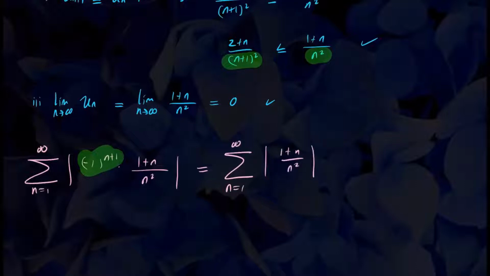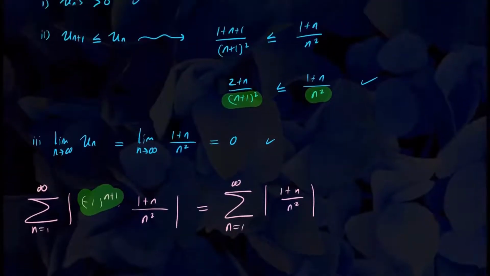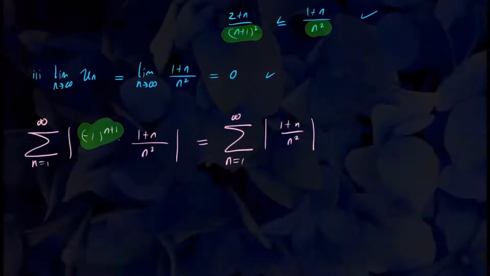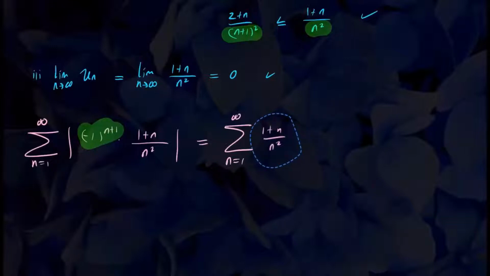Now, this is always positive, and that's what we said in the alternating series test, that these terms are always positive without the alternation. So I can throw out the absolute value and just look at that series. Now we can start thinking which test can we apply to see if this will converge or diverge.